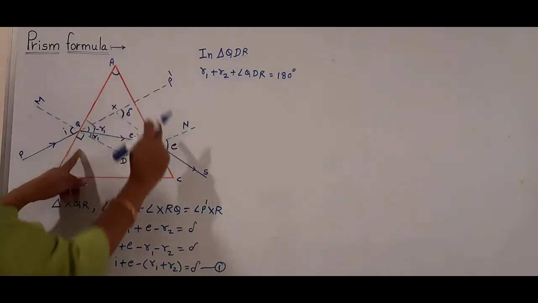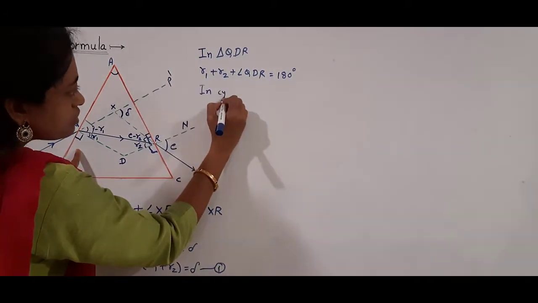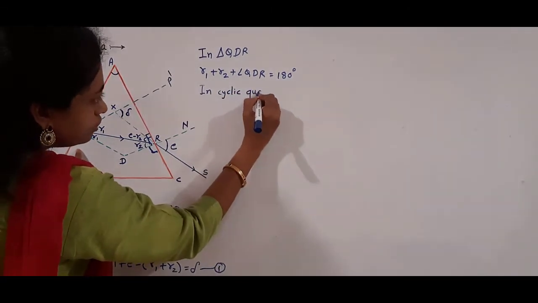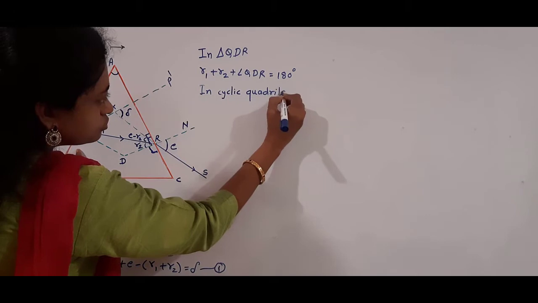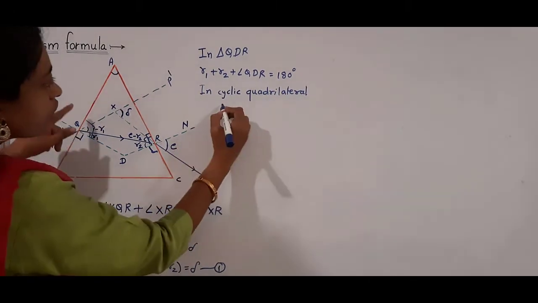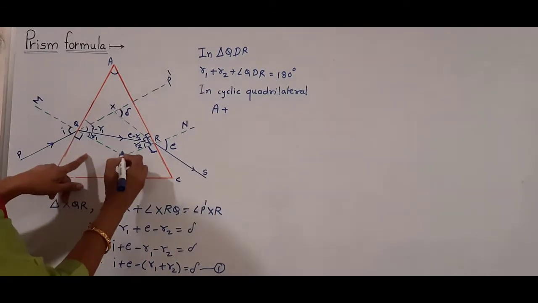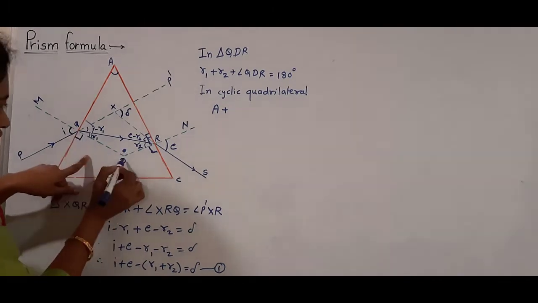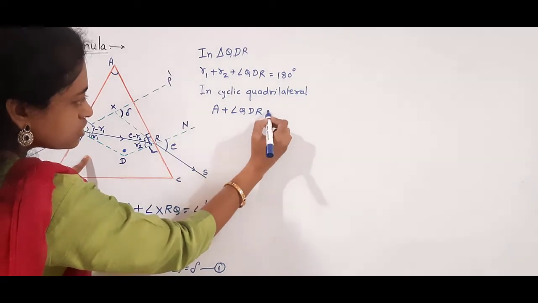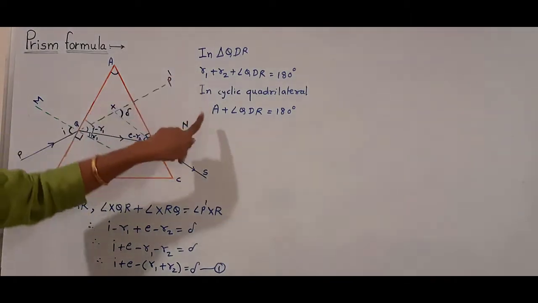Means in this cyclic quadrilateral, we can write angle A plus angle QDR is equal to 180 degrees. Observe both these equations.